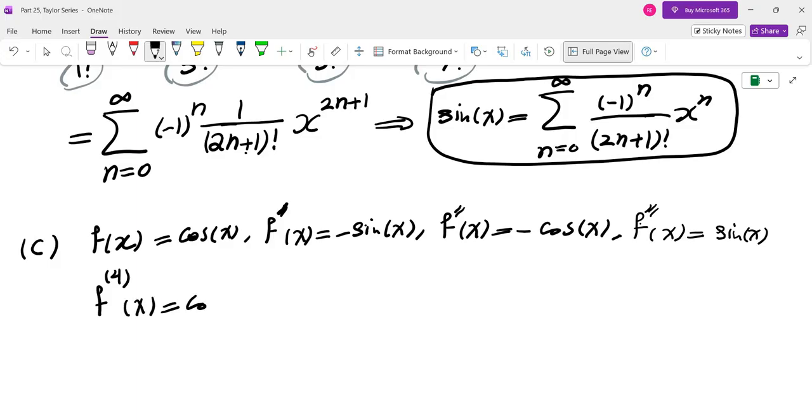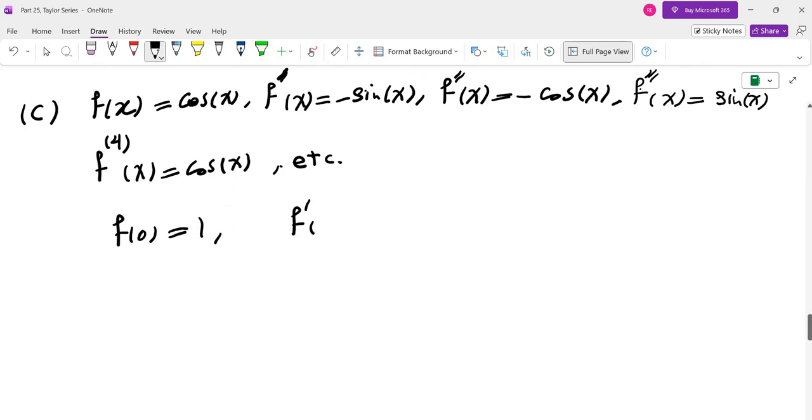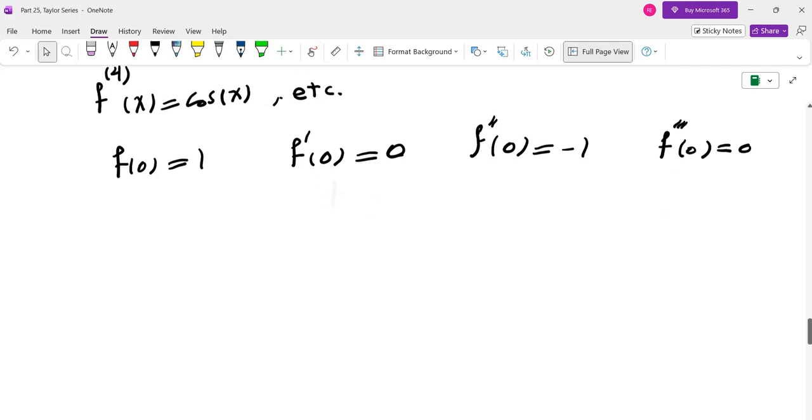So this becomes cosine, etc. Now we're going to plug in the values. So f of 0 equals 1, f prime of 0 is negative sine of 0, which is 0, f double prime of 0 is negative 1, f triple prime is 0, and then it repeats.